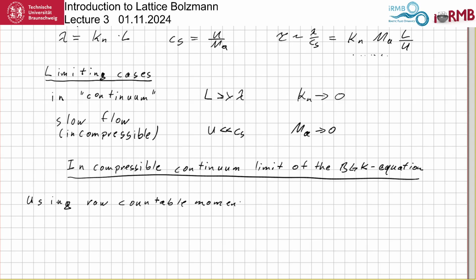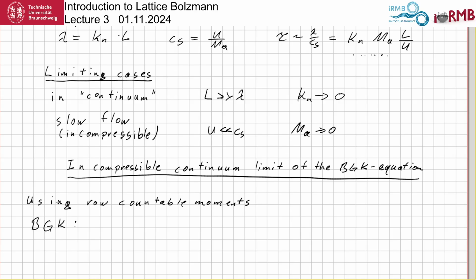By the way, when you search this in the books, I'm not sure they express it this way. Raw countable moments is a term that I coined. But you'll find this in other places, though probably not in the book.